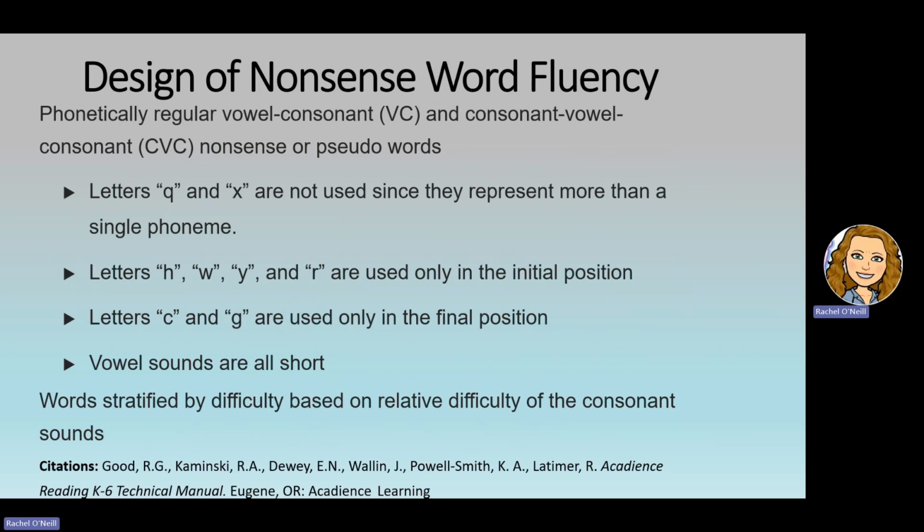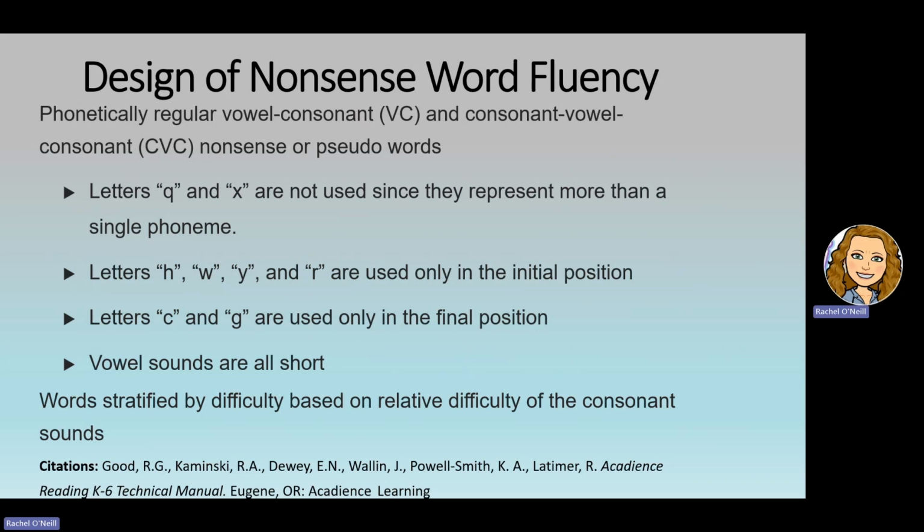Nonsense word fluency was carefully designed so that it would work as a reliable and valid indicator of a student's understanding of the alphabetic principle and basic phonics skills. All the words on NWF are regular vowel consonant or consonant vowel consonant words.